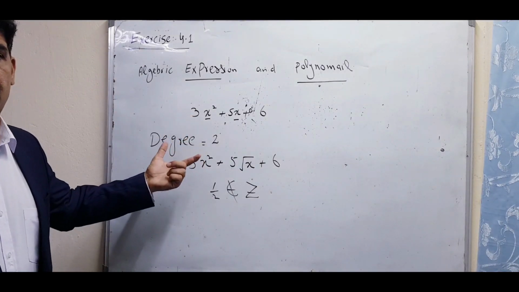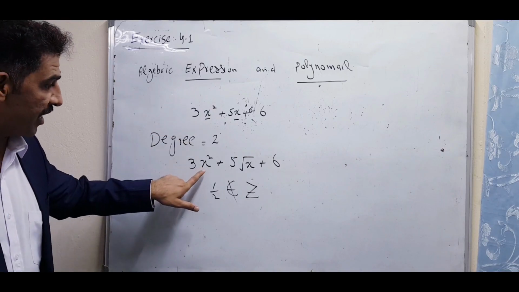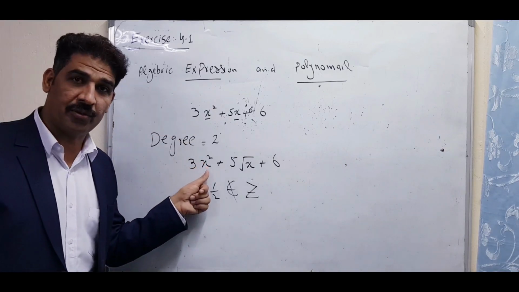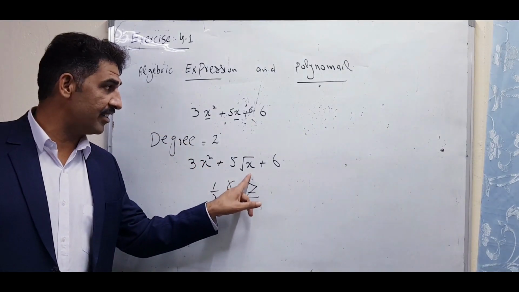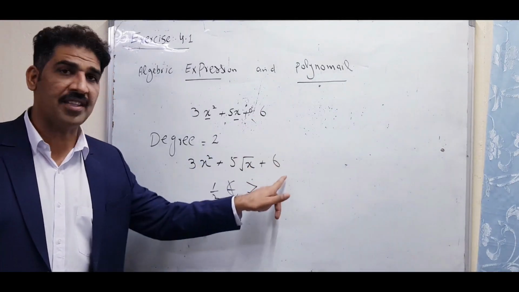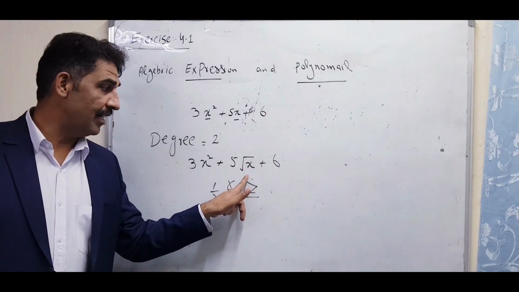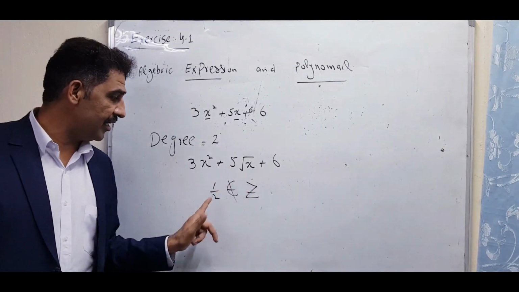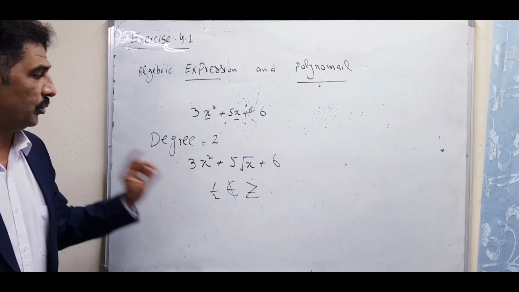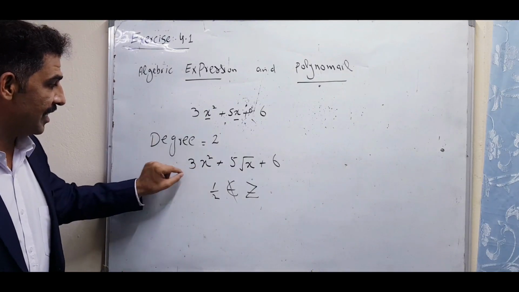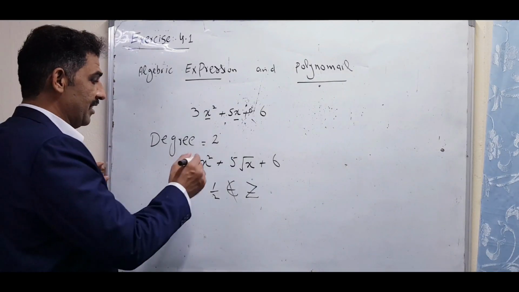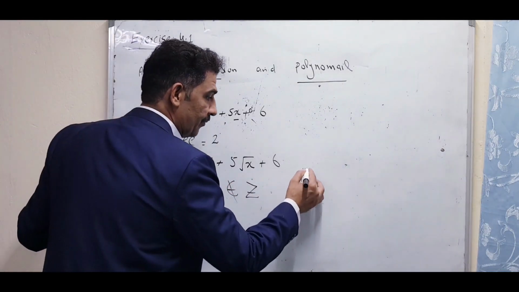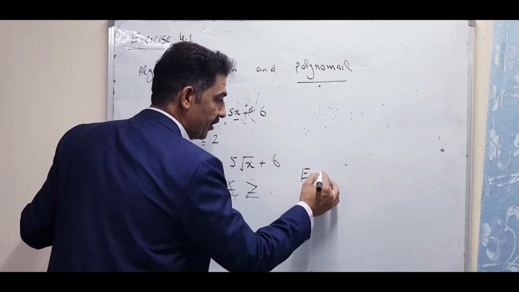Here one term has degree 2, another has degree 0, but one variable of this term has the power 1 over 2. That's why this is not a polynomial, so this is an expression. What is this? Expression.